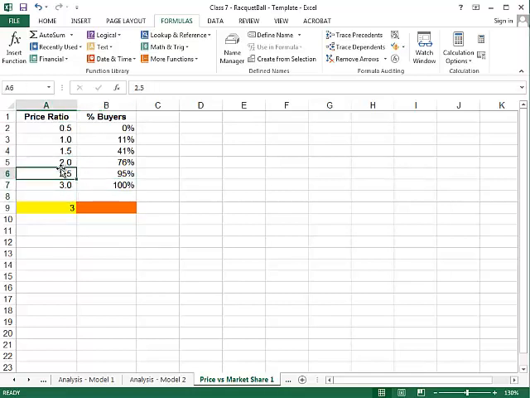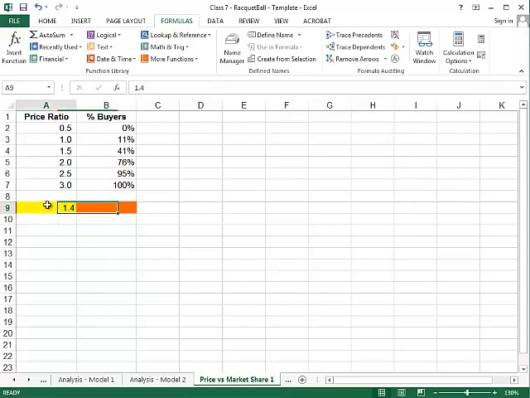Now, if you choose a price value that will give you a price ratio that is one of these 6 values, 0.5 through 3.0, then the percentage of buyers that will be buying your balls is easy to find out. But what if I wanted to figure out what happens if my price ratio is 1.4?